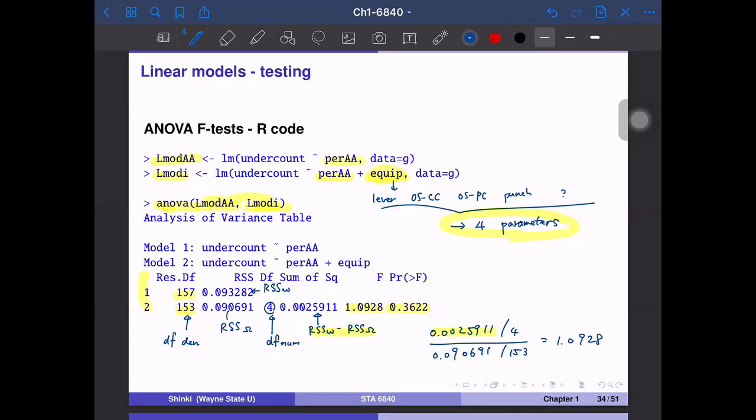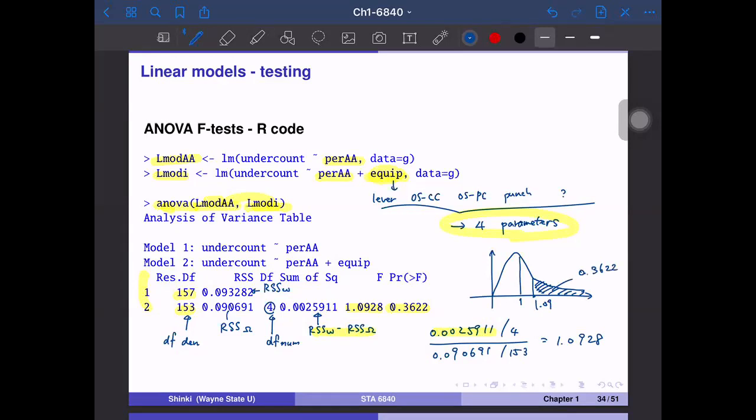And based on the F distribution, it is roughly speaking centered at 1. It's not a symmetric shape, so I cannot say center, but maybe 1 is around here. So then 1.09 is around here. So this area is 0.3622.